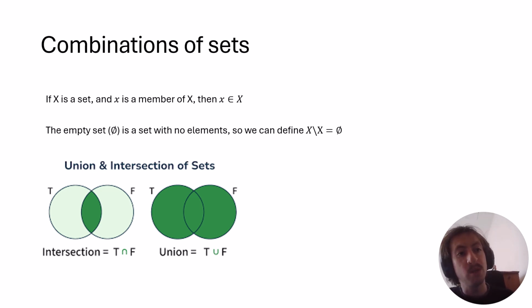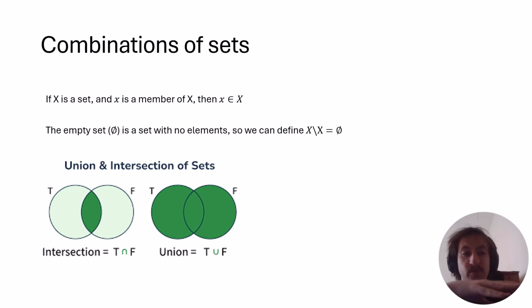If we have two sets, T and F, the intersection between them is defined to be the set of elements that are in T and in F. The way I remember the symbol for intersection is it looks like the N in the AND, which connects the first and last letter of AND. So that's how I remember the definition of the intersection.